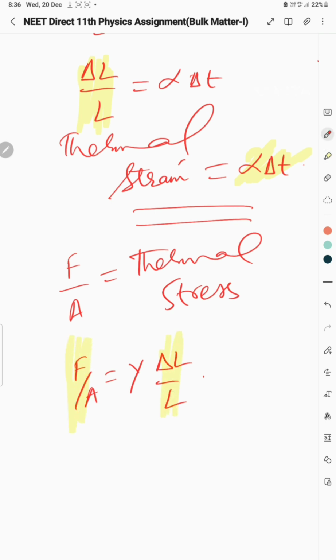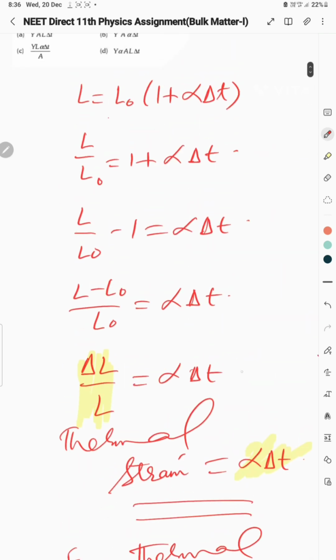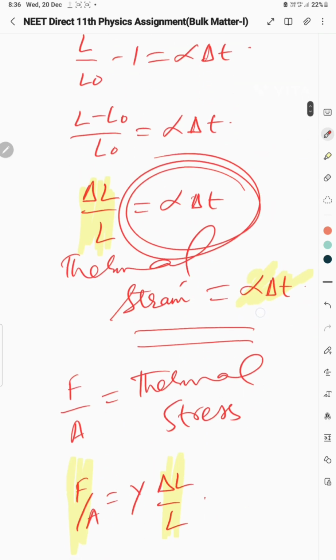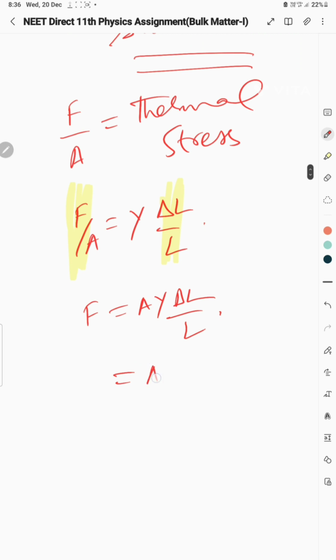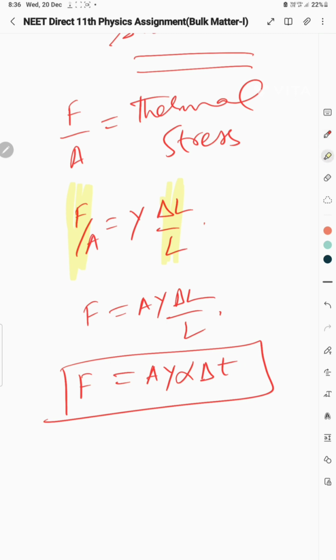Start making substitutions. Here, I write F equal to A Y delta L by L, and delta L by L is alpha delta T. I substitute alpha delta T from here. So it becomes A Y alpha delta T. So this is the force exerted by the rod on the support.